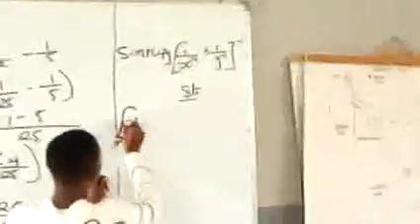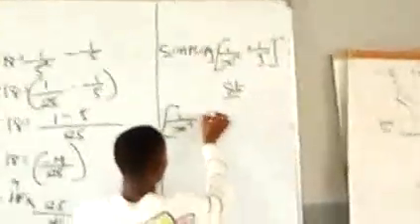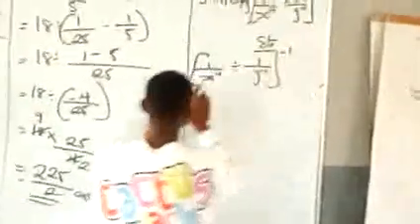Now, the next question is simplify 1 over x inverse divided by 1 over y inverse, all raised to the power minus 1.